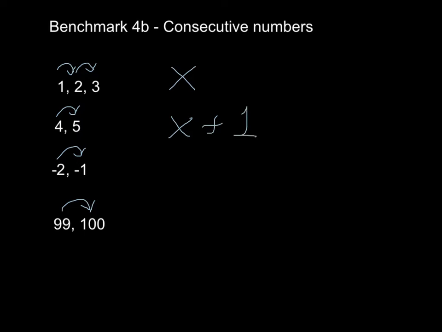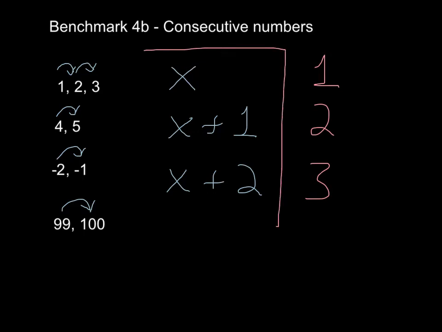And if I want 3 consecutive numbers, I can use x, x plus 1, and x plus 2. As you can see in the first example, 1, 2, and 3, if I plug in 1 for x, the next consecutive number is 1 plus 1 is 2, and 1 plus 2 is 3. By using x, x plus 1, and x plus 2, I can always make a list of 3 consecutive numbers.